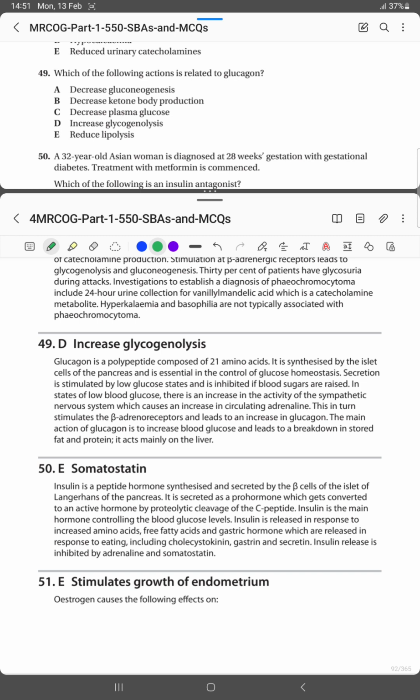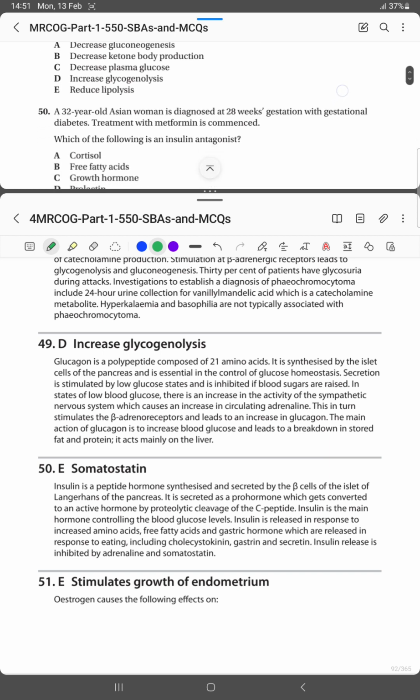This in turn stimulates the beta adrenoreceptors and leads to an increase in glucagon. The main action of glucagon is to increase the blood glucose and lead to the breakdown of stored fat and proteins, and it acts mainly on the liver.